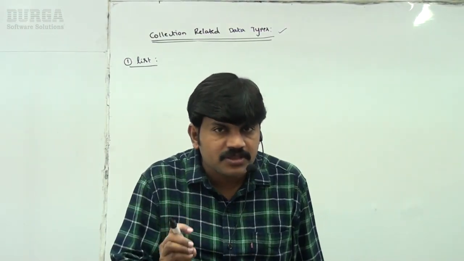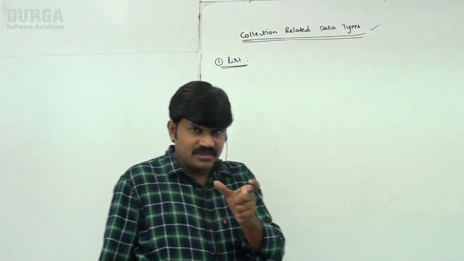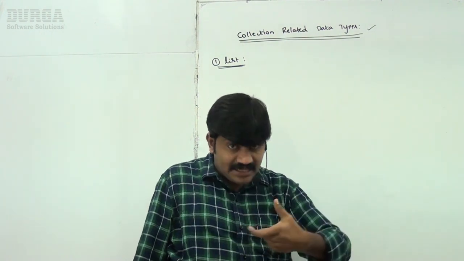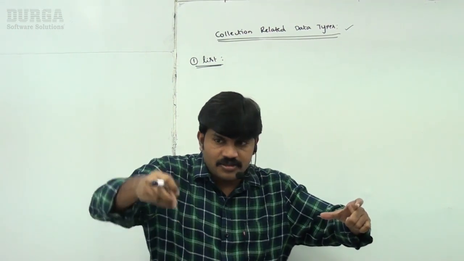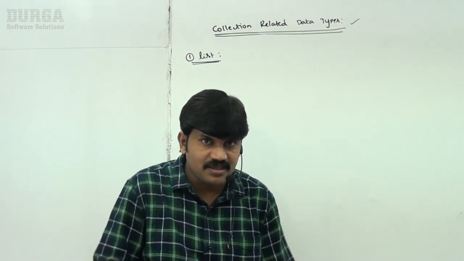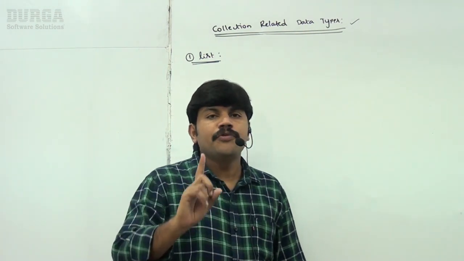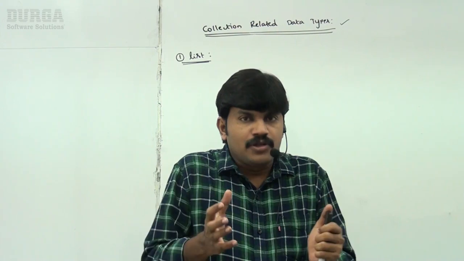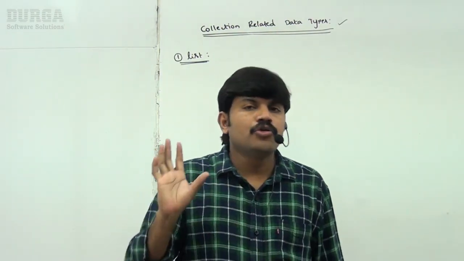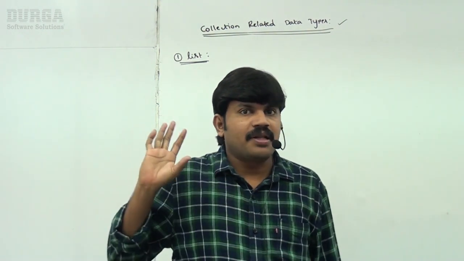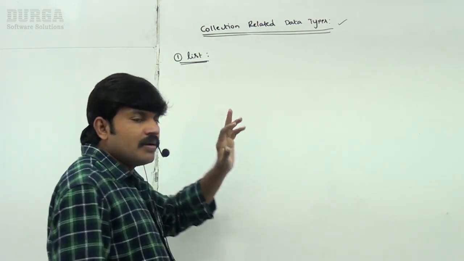Now the first type I have to discuss is the list concept. List of values, a sequence of values, where order is there or not? In this list, this is the first element, this is the last element, so order is there. Duplicates are allowed or not? Remember this very carefully. If you want to represent a group of values, a group of objects as a single entity, where order is important and duplicates are allowed, then we have to go for the list concept.